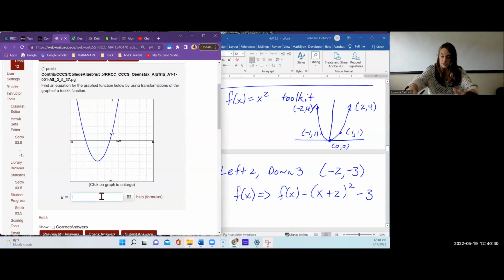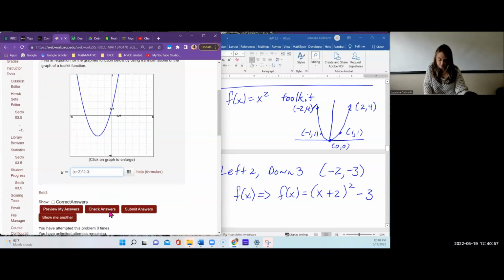Let's enter our answer and check. Remember to use the caret symbol for the power, which is found on the 6 button on your keyboard.